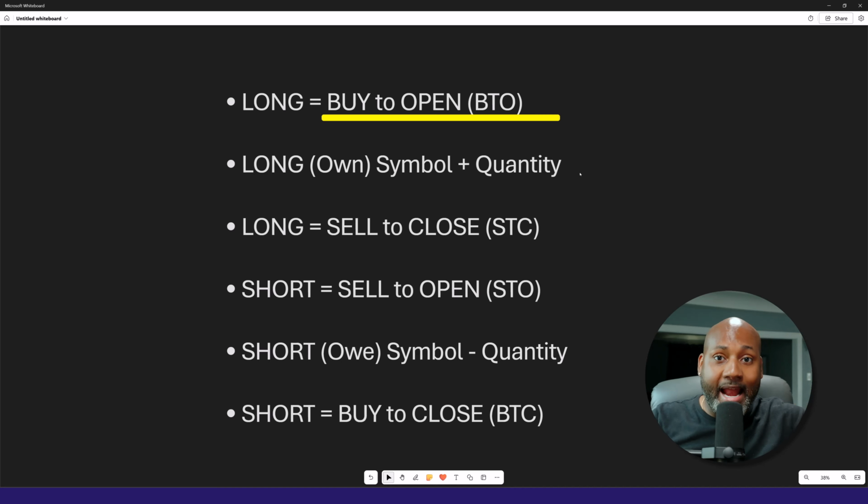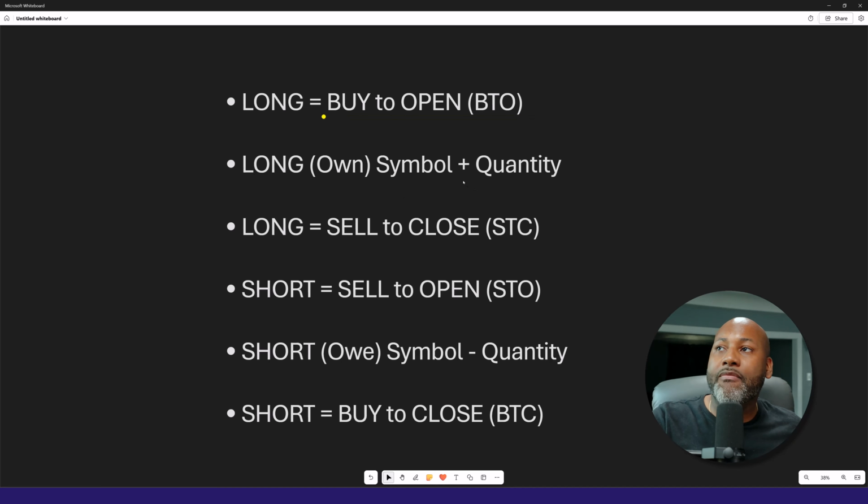Now, looking at it and managing that position in your account, when you look at the quantity next to that position, it's going to show a plus symbol next to however many of those you have. So if you have shares or options, you would have contracts. The quantity, if you were long on that options position, is going to have a plus symbol in front of the number.